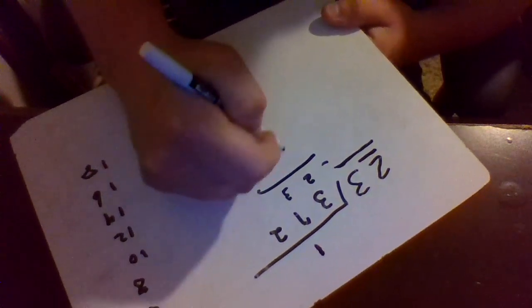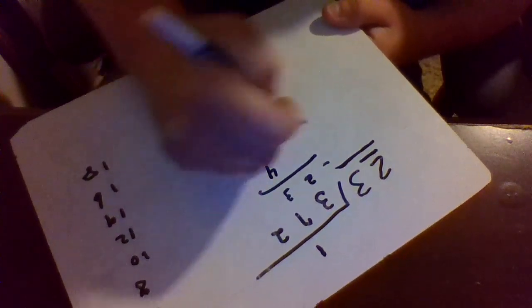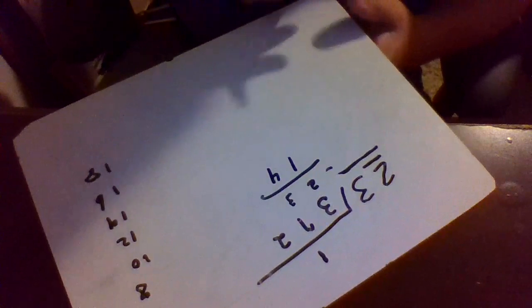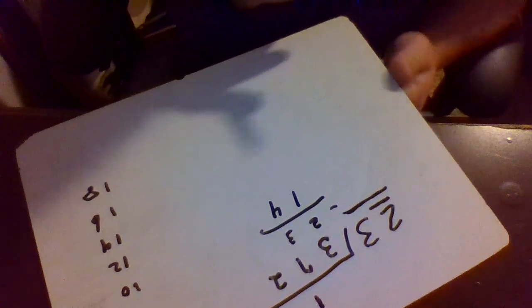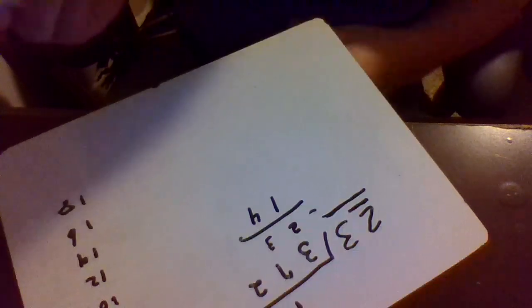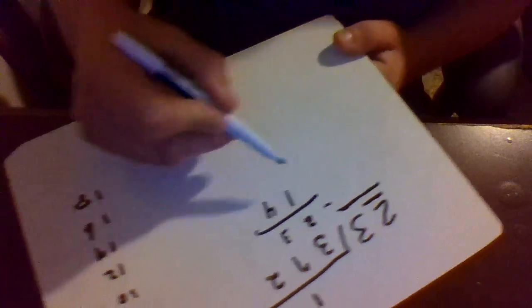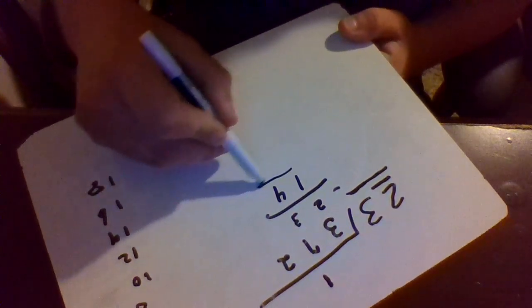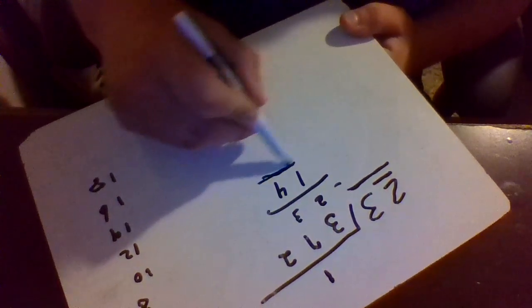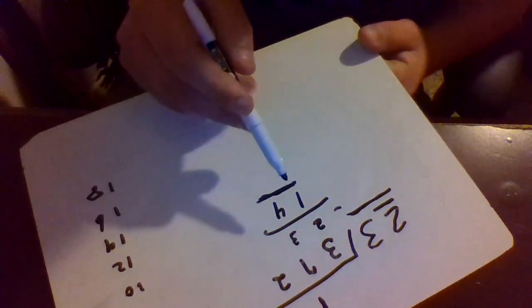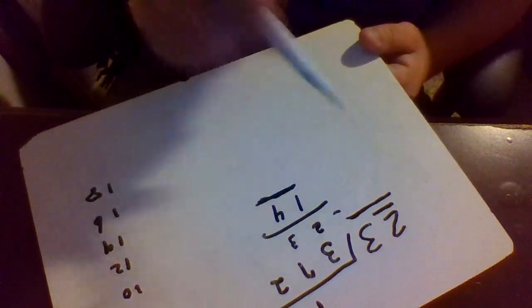And what we get is 14. Now, just a little tip, guys, and you probably remember me saying this. If this number that you get after subtracting is bigger than this number, then you know you need to redo your problem and try again.